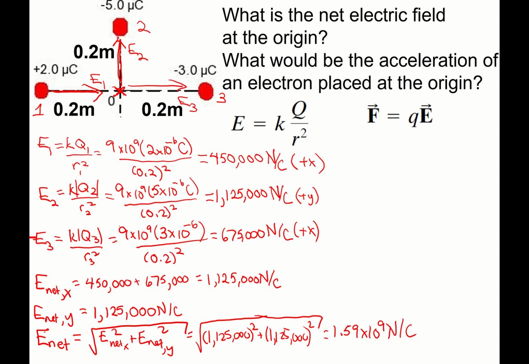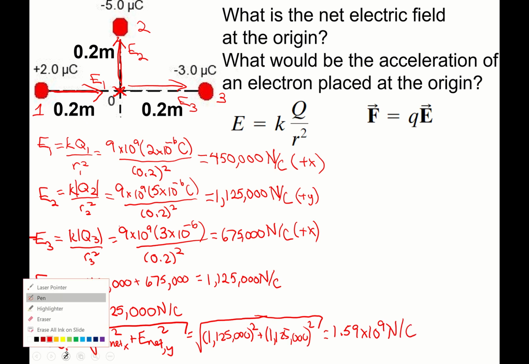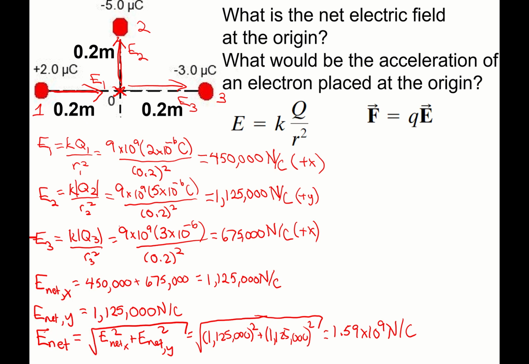What's the direction? Well, for the direction, I choose a different color now. So I've got 1 million going to the right, 1 million going up. If I add those two together, I get that my net electric field is going up and to the right, and it's at 45 degrees.